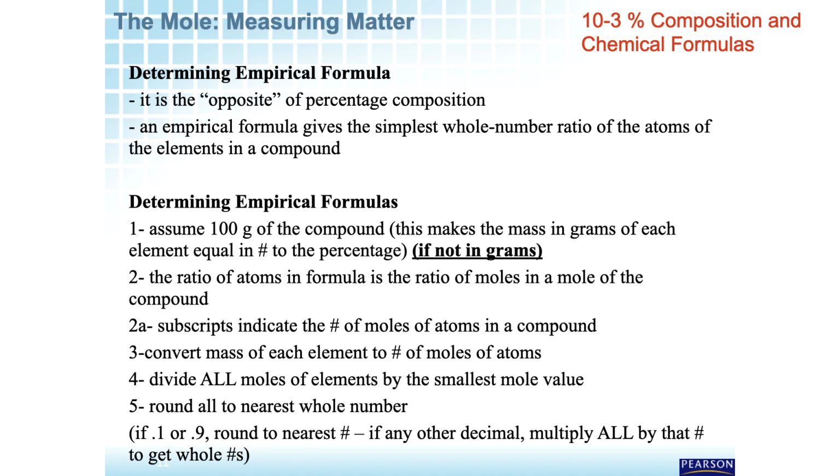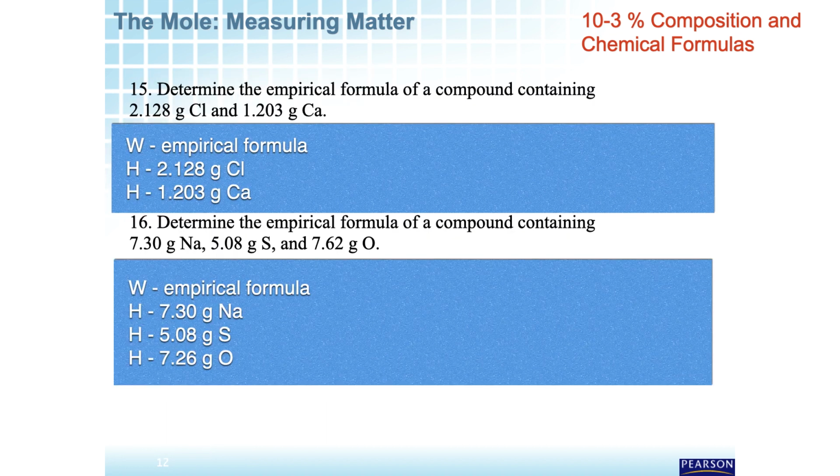Subscripts indicate the number of moles of atoms in a compound. So H2O tells me I have 2 moles of hydrogen, 1 mole of oxygen. Then we have to convert the mass of each of the elements to moles, divide all moles by the smallest mole value, and then round to the nearest whole number. Now I know that's a lot of steps, so I'm just going to walk you through.